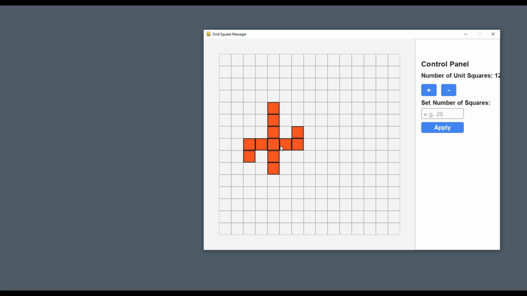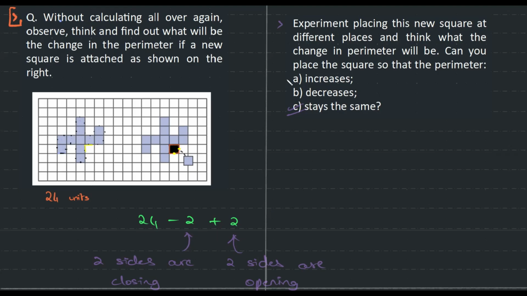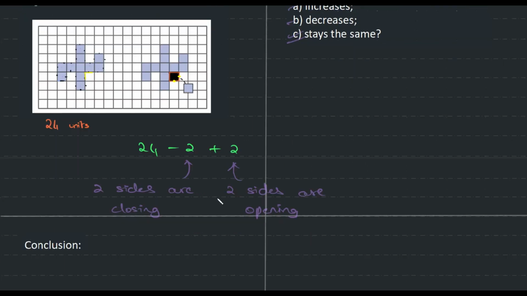When I open up, the area remains the same while the perimeter increases. That's the funda. So when I move this around, the area remains the same while the perimeter can increase. So we got to see increase, decrease, and it can stay the same. That we saw over here.